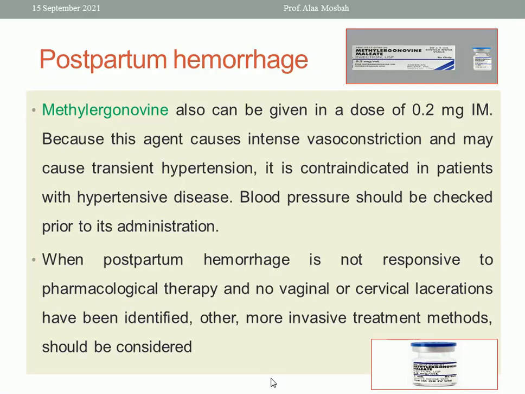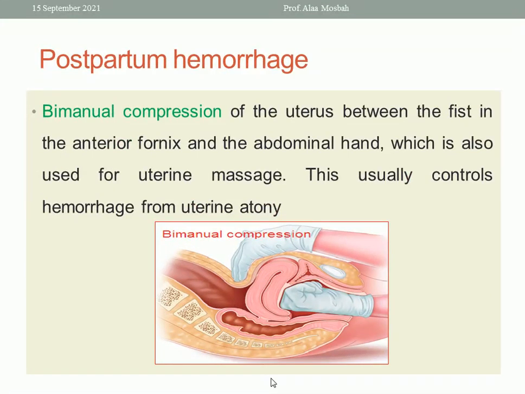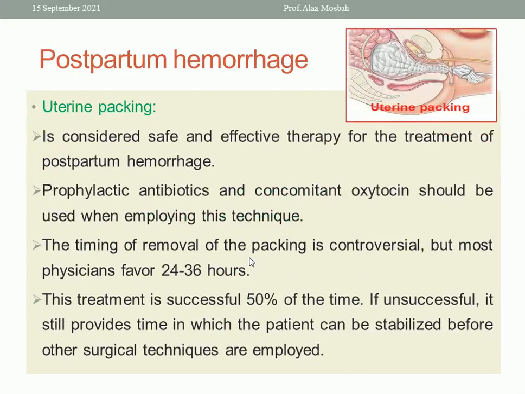But if the patient is not responding and there is no laceration, you should do bimanual compression of the uterus, as in this picture, one hand in the anterior fornix and the other hand suprapubic, compressing the uterus between both hands, which can stimulate uterine contraction in case of atonic uterus. You can use uterine packing for 24 hours and give antibiotics and a catheter for the bladder.